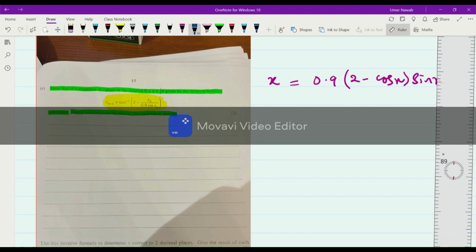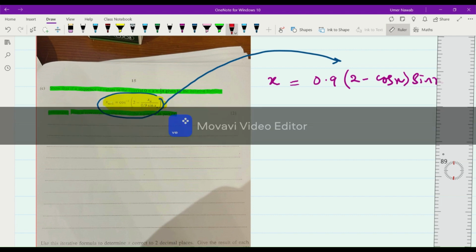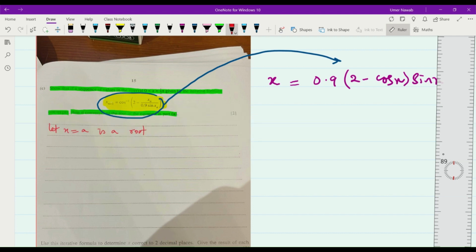So I'm trying now to convert this equation into this form. So the root lies or converges to alpha supposedly, and I'm saying my root is alpha. So let x equal a, or alpha, whatever, be a root of this equation.